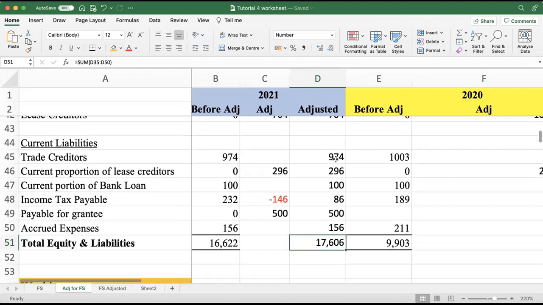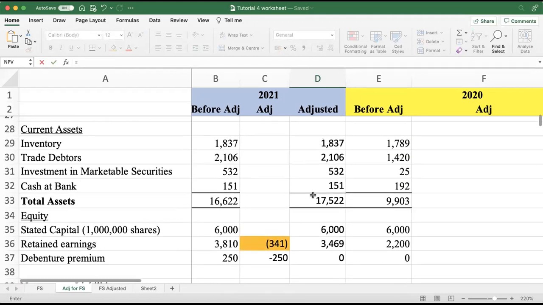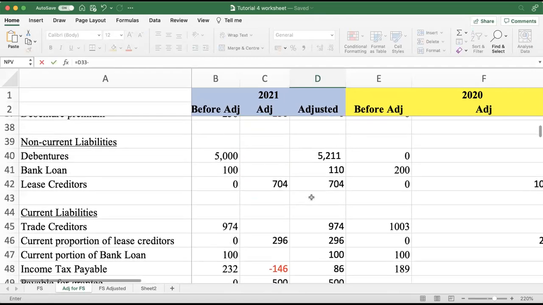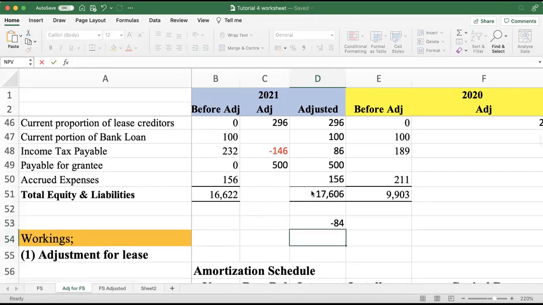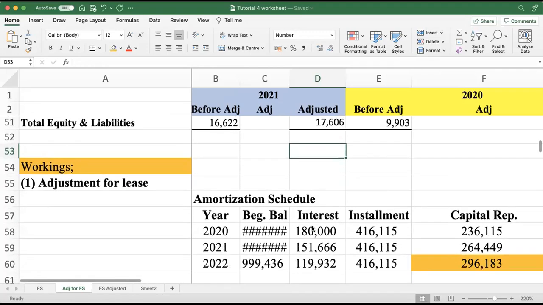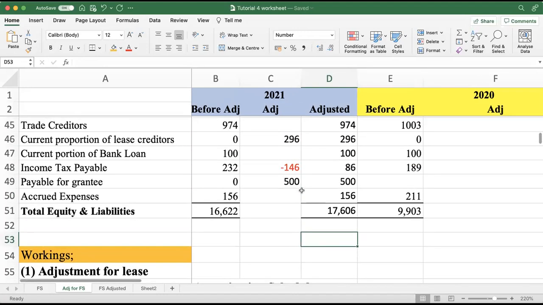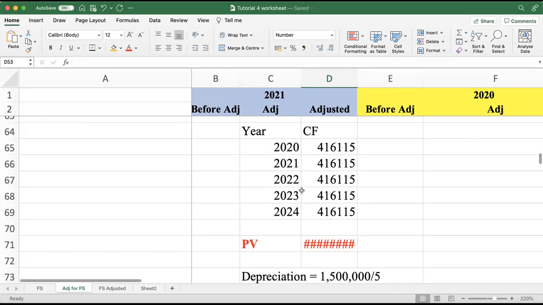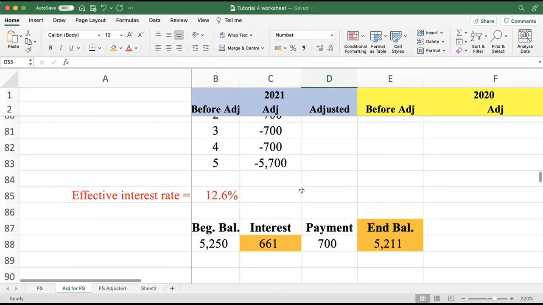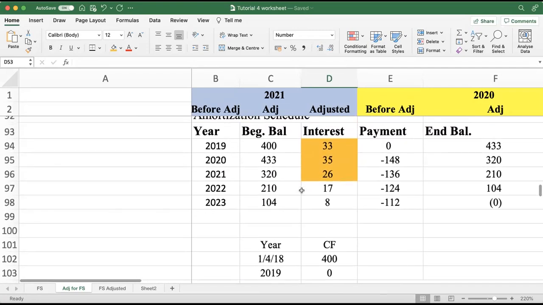You can see how much the difference. Sometimes we have missed some adjustments. How much difference between total assets and equity and liabilities? 84. You can check whether we might have missed some adjustments.